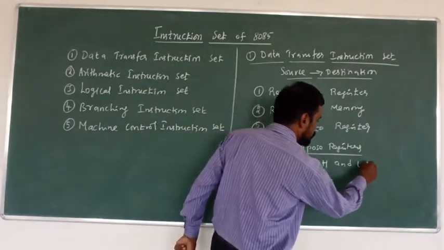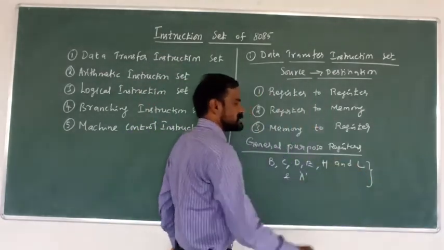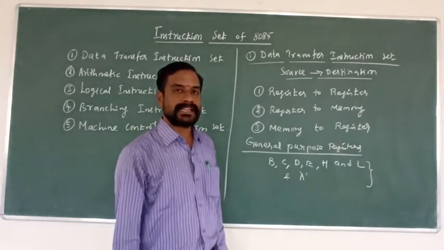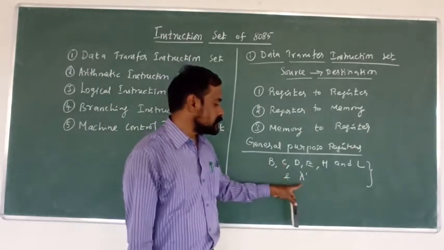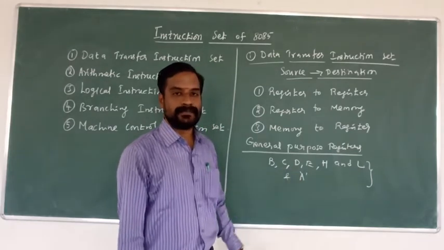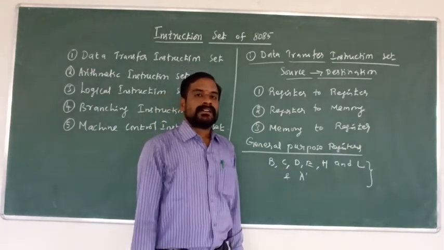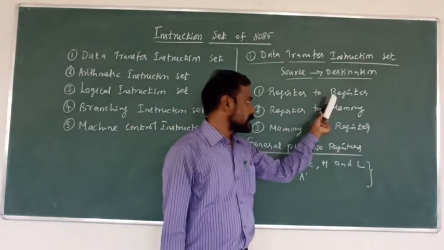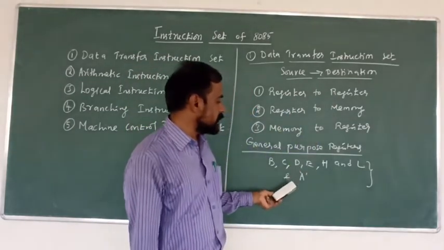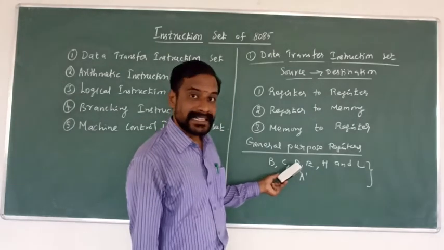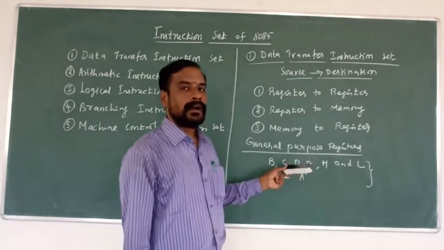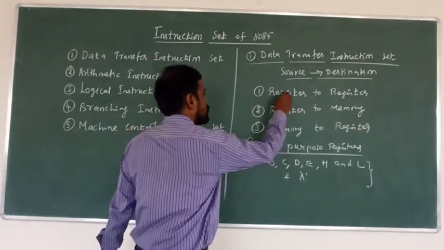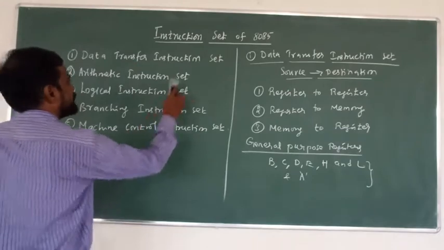To transfer the data from one register to another register, we can use any one of the 6 general purpose registers and the accumulator. Okay, first we will see the register to register.